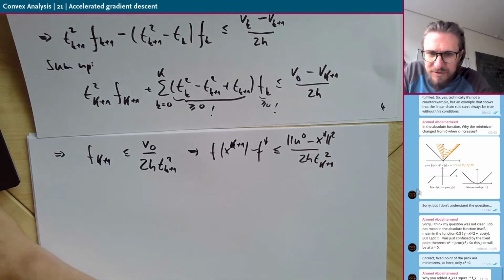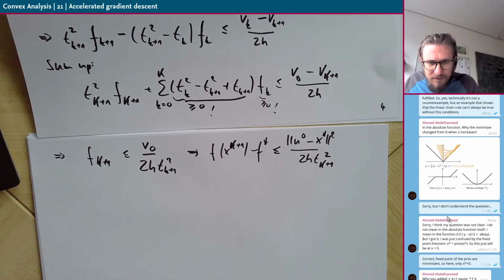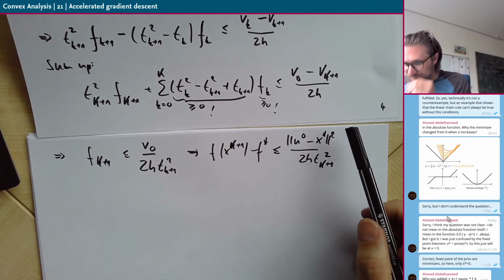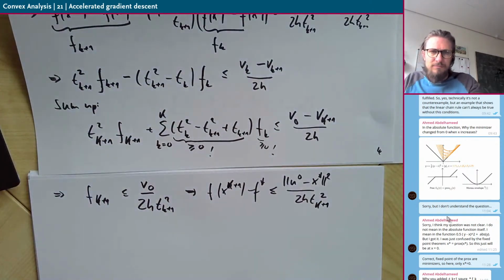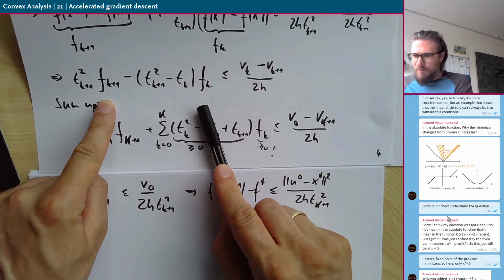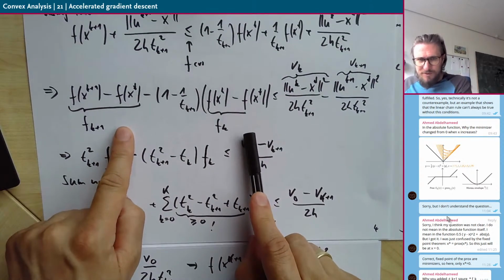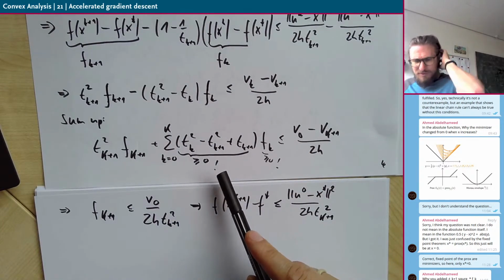So where's this question? t_{k+1}² and f_k. Is it from here? Probably. So here I just rearranged the sum, so where does that come from?